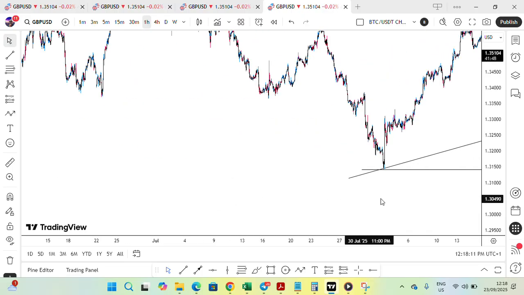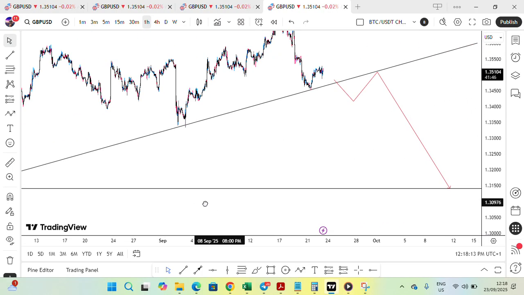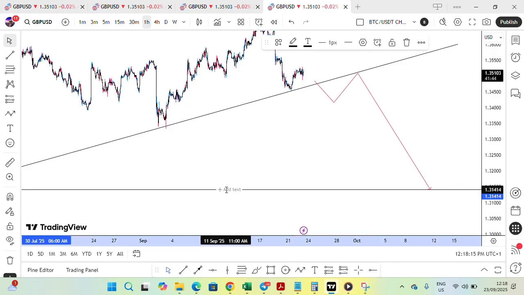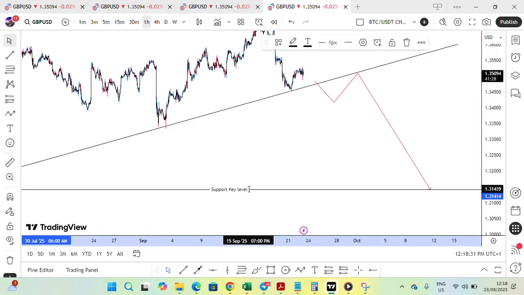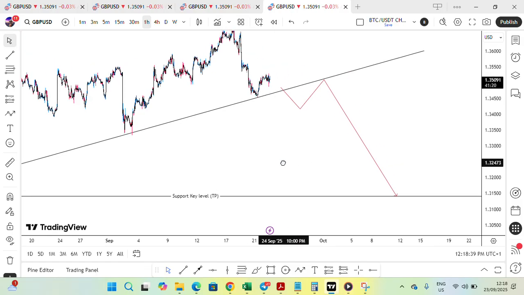So that level is a key level, and I can even call it a support level. It's a support key level. This is where we will look forward to taking our profit. You can actually call it your TP level as well.